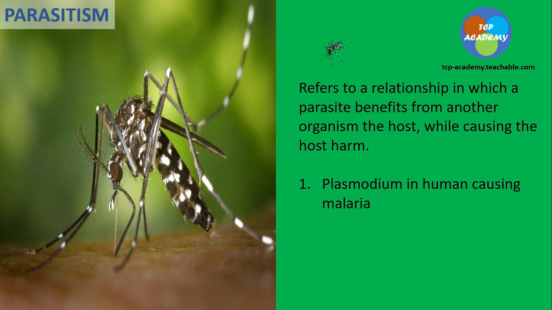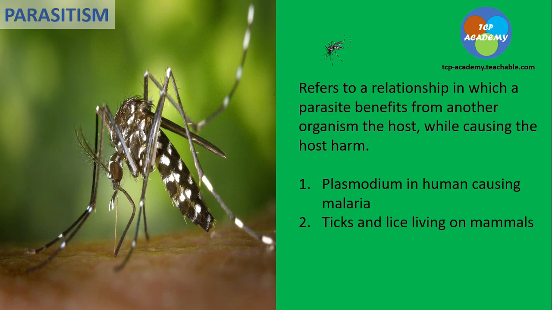And a vector is that middle organism that usually is not affected by the disease or the pathogen that it transmits. Now, here the mosquito would be carrying around the plasmodium, not this mosquito on screen. And this plasmodium would have affected individuals, making them sick.